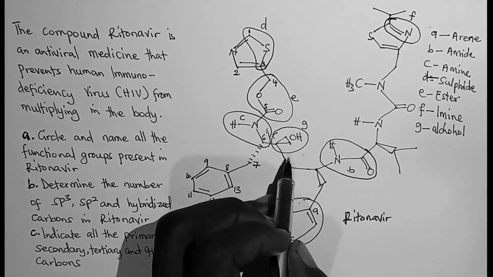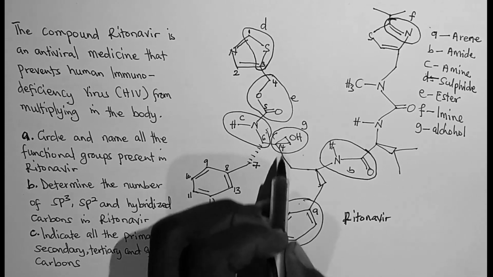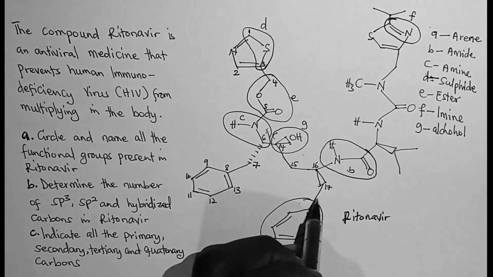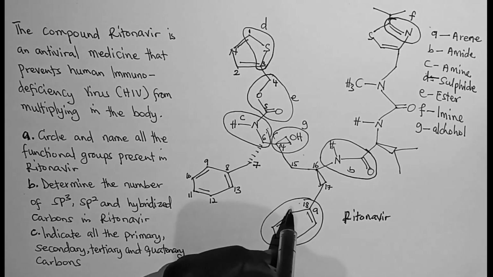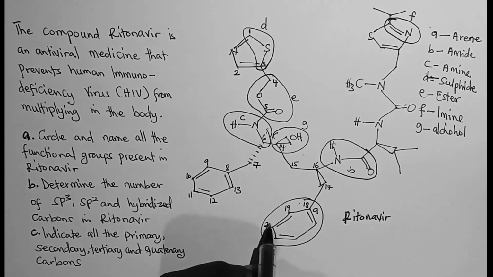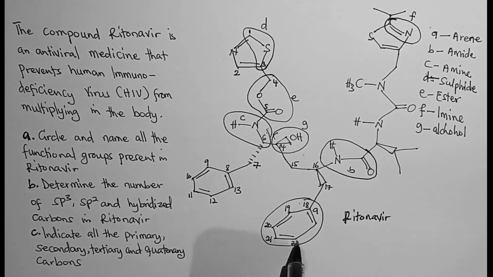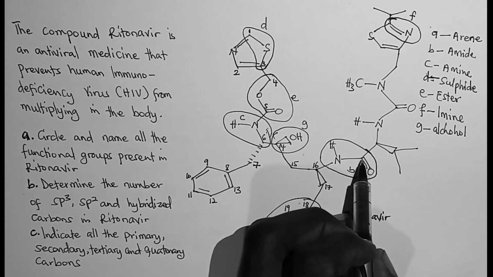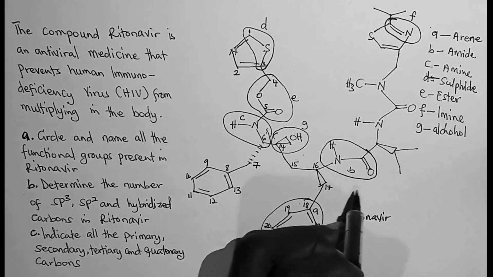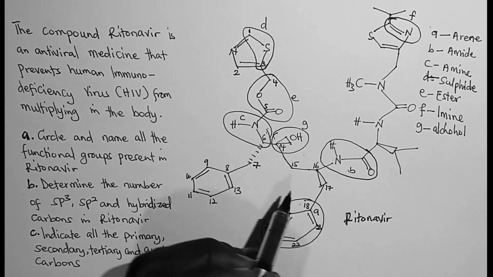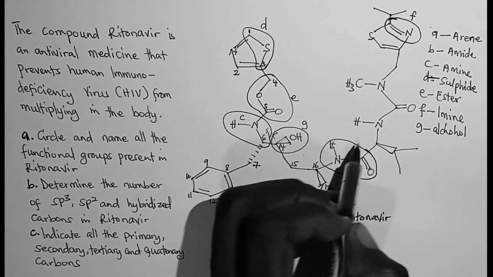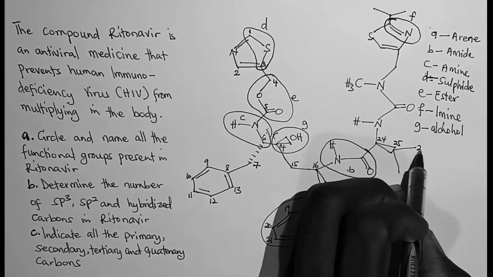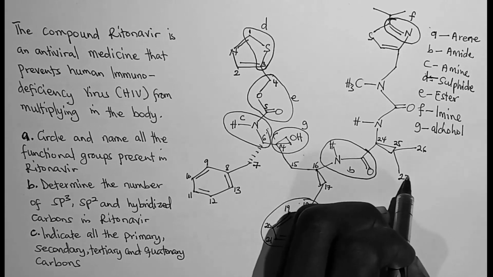Then we come to this place, which is 14, 15 is here, 16 is here, 17, 18, 19, 20, 21, 22, 23. Then from here we come to this carbon. Let's come to this, which is 24, 25, 26, 27.